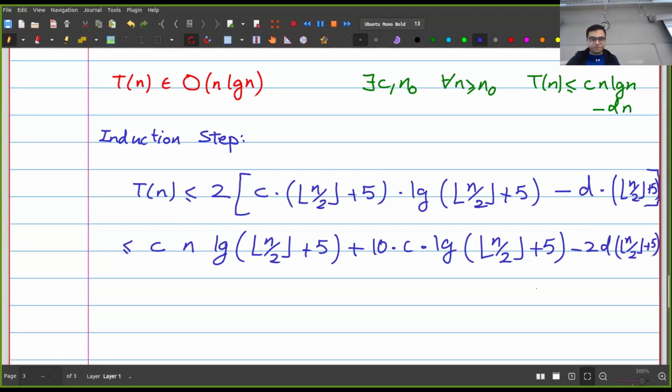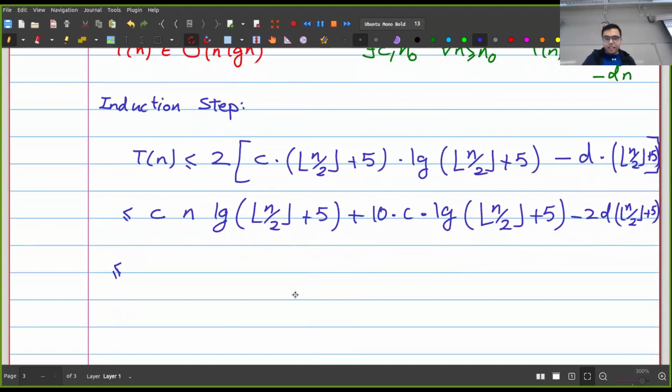Okay. Oh, this is ugly. Okay, first of all, minus 2d times n over 2 plus 5. Can I forget about the plus 5 here? Yes. And then I will just have minus dn.